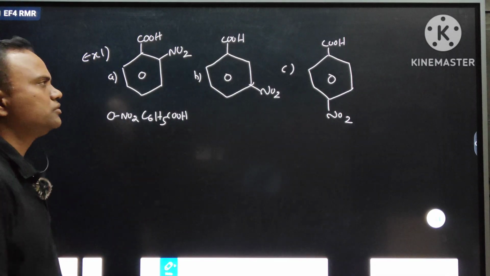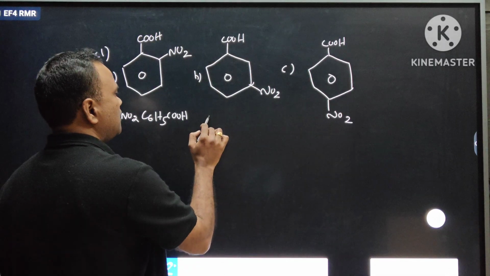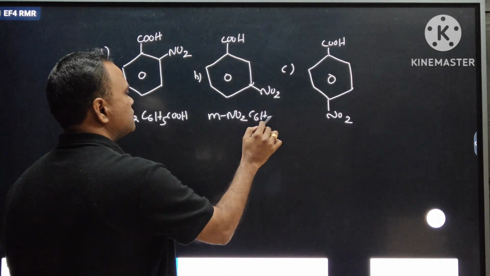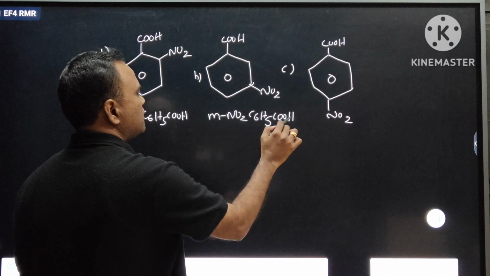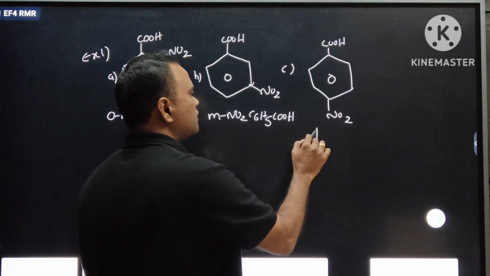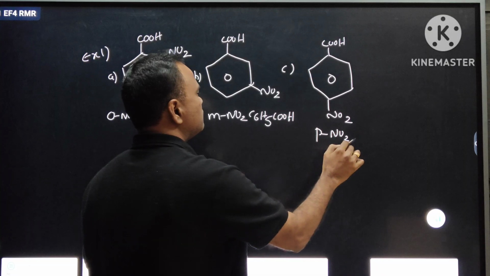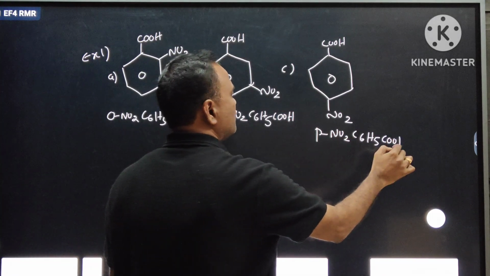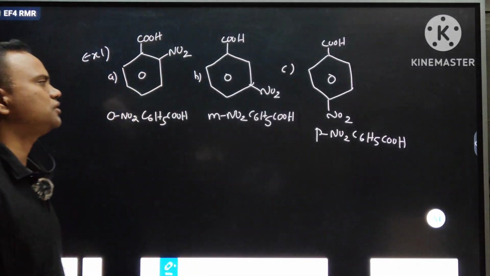That is the meaning. MNO2 C6H5 COOH means metanitrobenzoic acid. This representation is also important. PNO2 C6H5 COOH, paranitro. Yeah, so Srijan, tell me what is your answer?